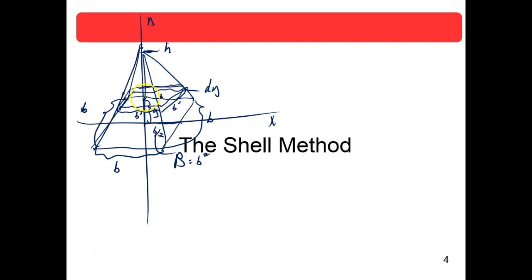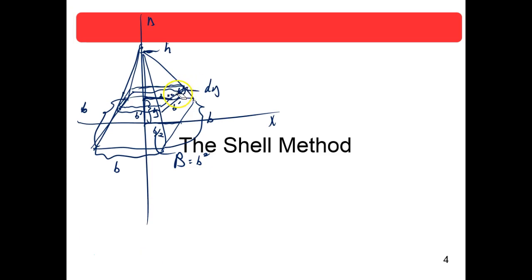This distance here is some x value that corresponds to that y. So we'll just call this x for now. But that x is actually b prime over 2, right? Because b prime is the length of this base here. So from the y-axis to here would be b prime over 2, and you can't read that, can you? Okay. I can't either.